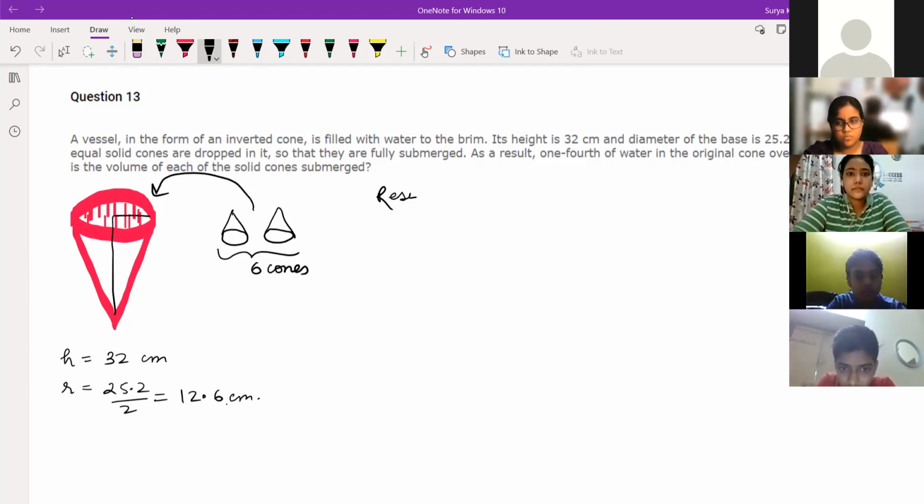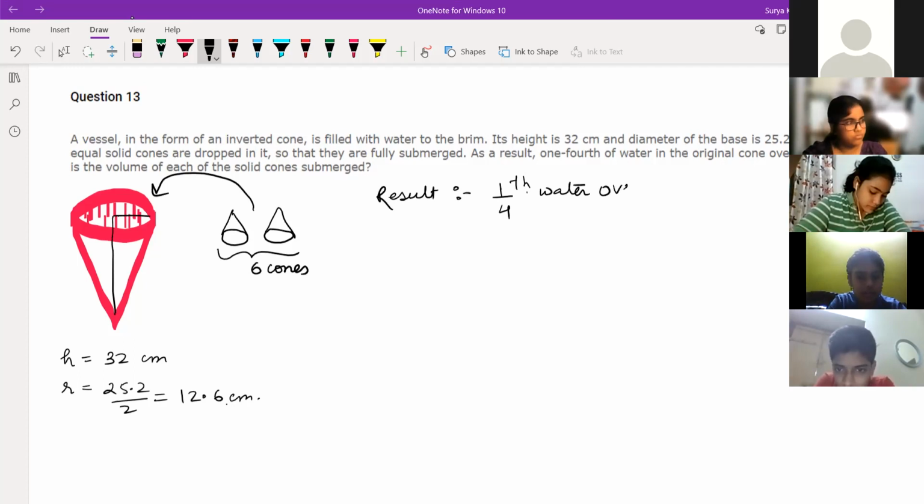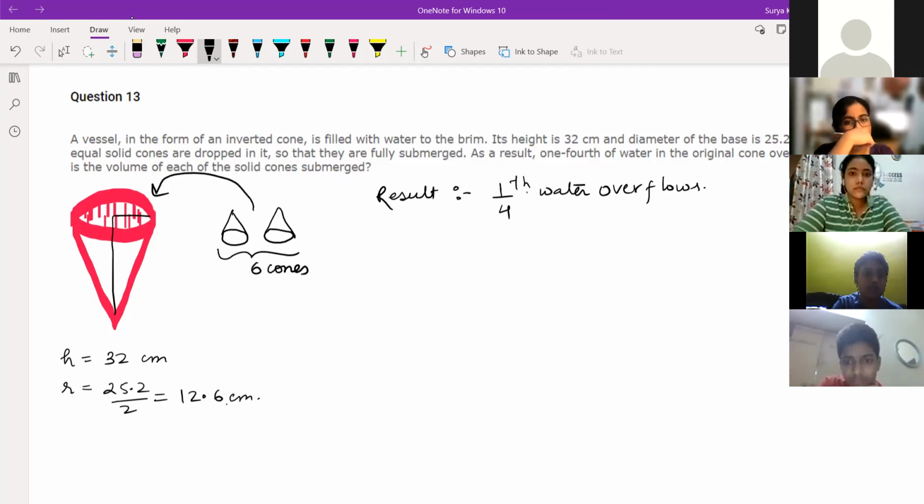After submerging, 1/4 of the water overflows. Is it clear, children? Understood? So what is the volume of each of the solid cones submerged?